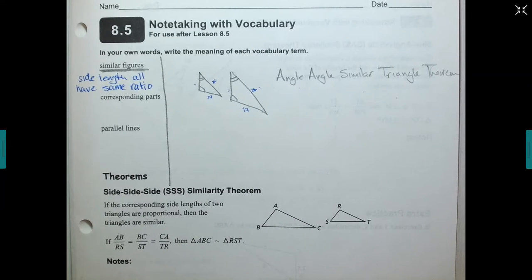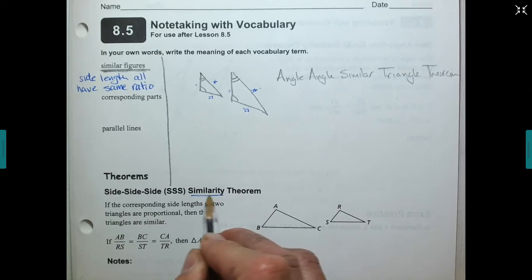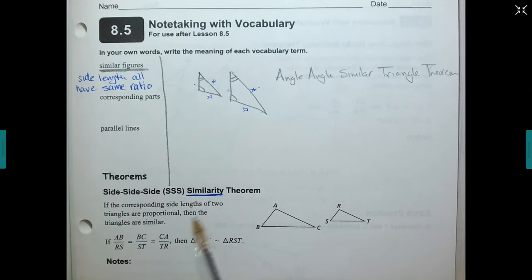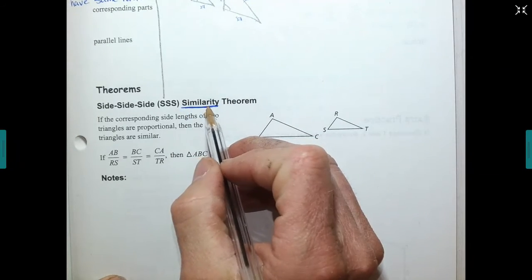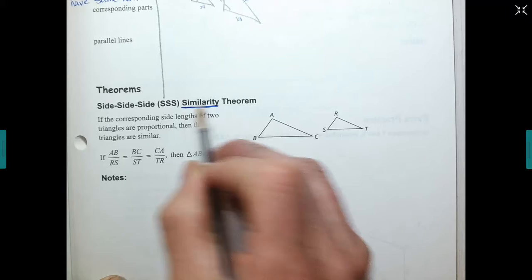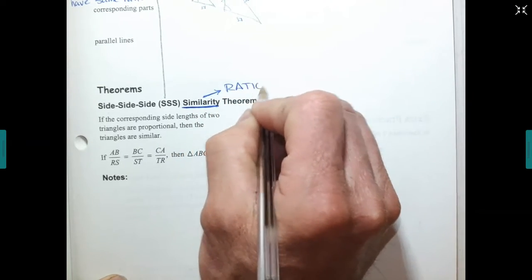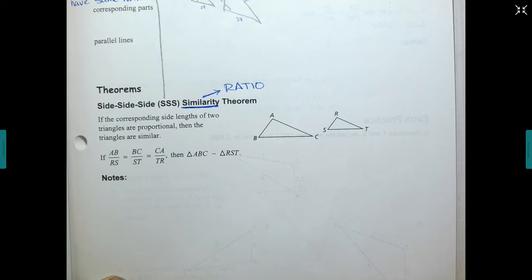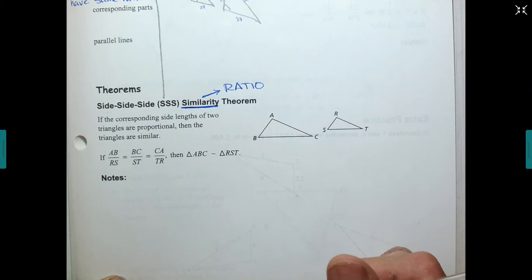And the first one is the side similarity theorem. So don't forget, there's going to be something different that we learn later, and that's the side congruency theorem. But right now we're doing similarity. So similarity always has to do with ratios. It has to do with ratios, not with side lengths. It's the ratio of the side length, not the side length itself.